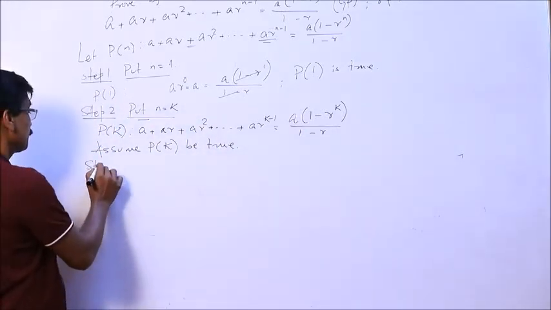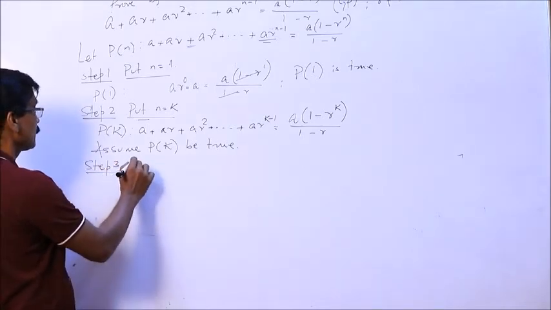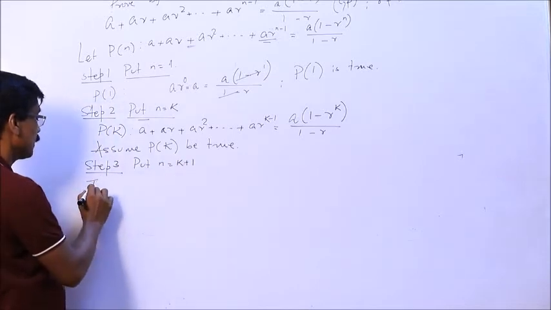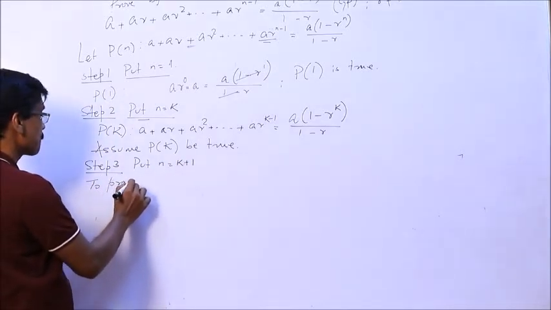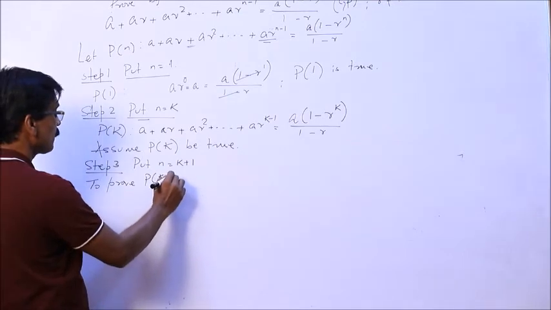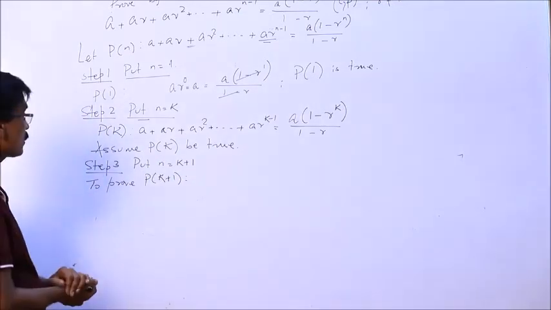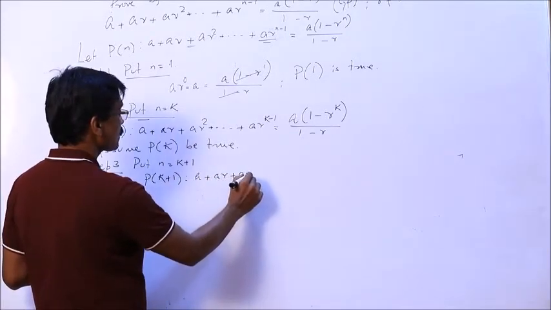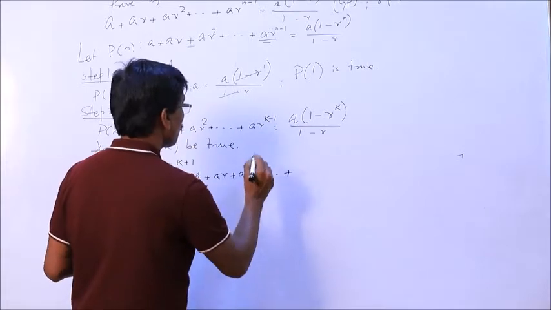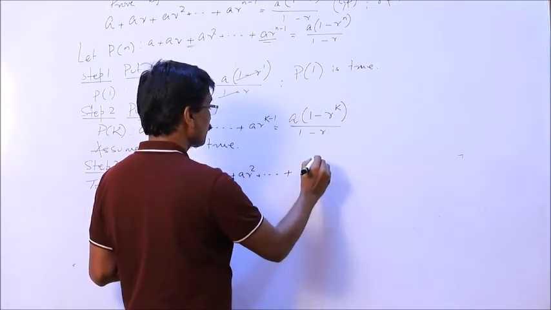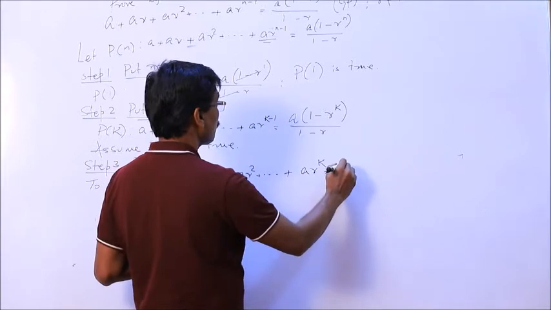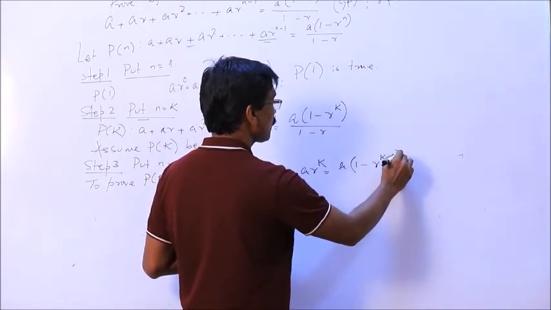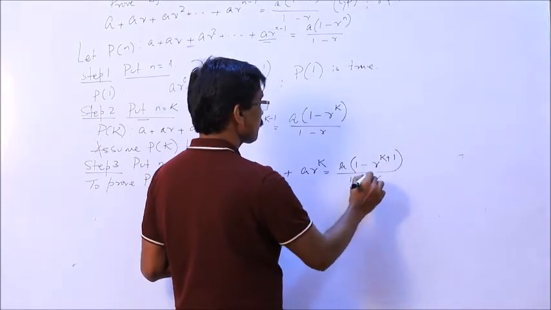Then the third step, put n is equal to k plus 1. Then to prove P k plus 1, which is a plus ar plus ar square up to a r to the power k, that is equal to a into 1 minus r to the power k plus 1 divided by 1 minus r.